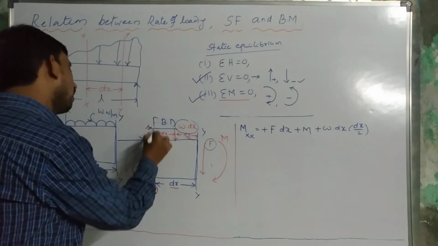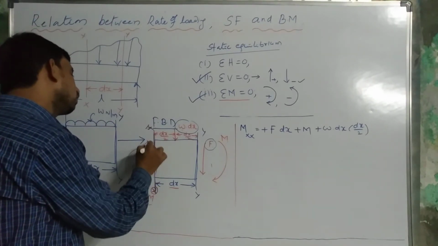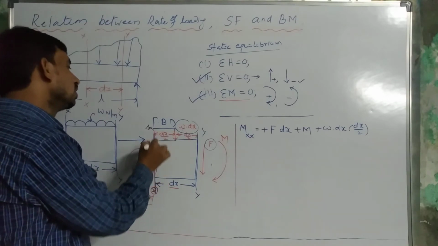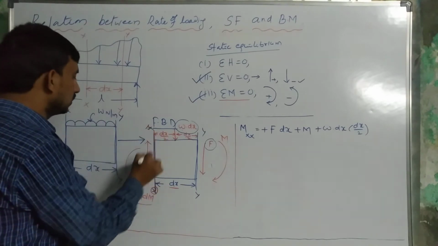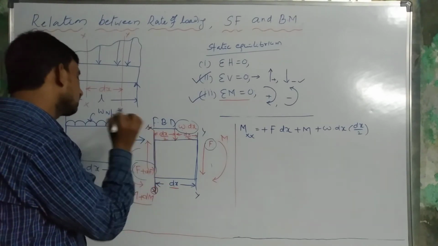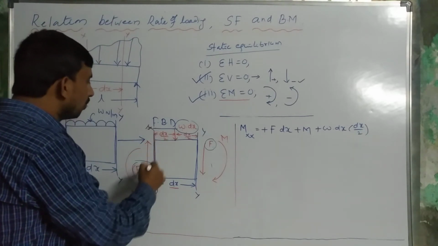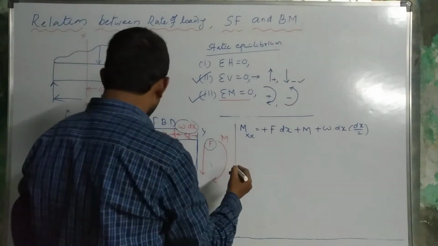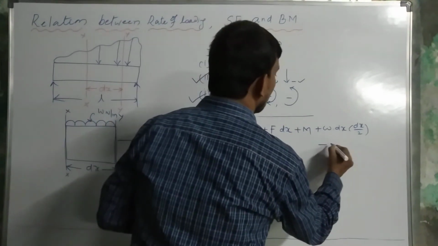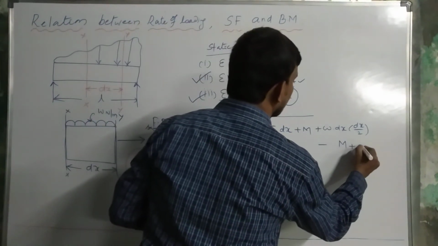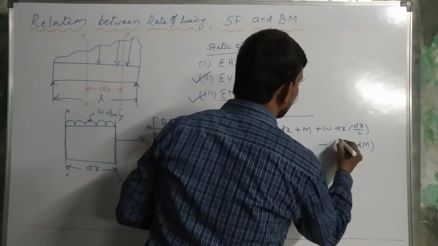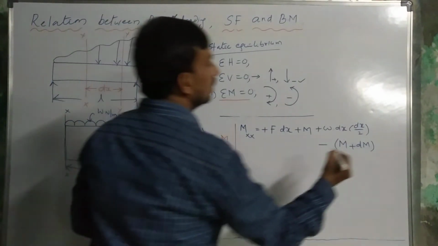Then I have a force F plus dF, but this force is acting on the section XX, so there is no perpendicular distance available, and the moment of this force is 0. And we have the anti-clockwise moment at section XX, that is M plus dM. As per my sign convention, anti-clockwise moments are negative.